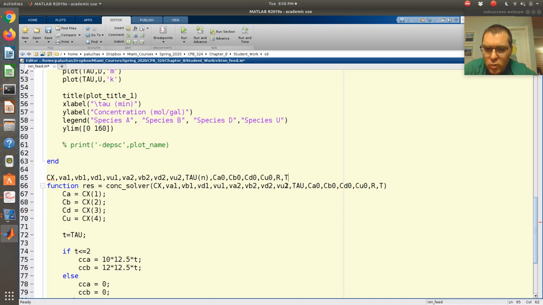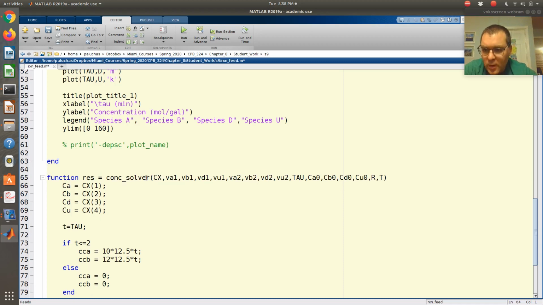Reaction 2, that's a single tau value, which is stored as tau. Initial concentrations of A, B, D, and U, along with R and T. Okay, so that all matches up and looks good. Okay, so I unpack CX: CA, CB, CD, and CU.